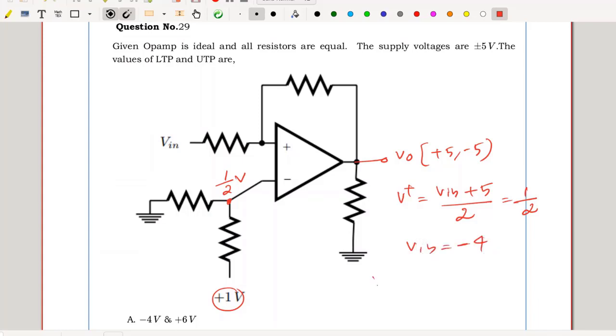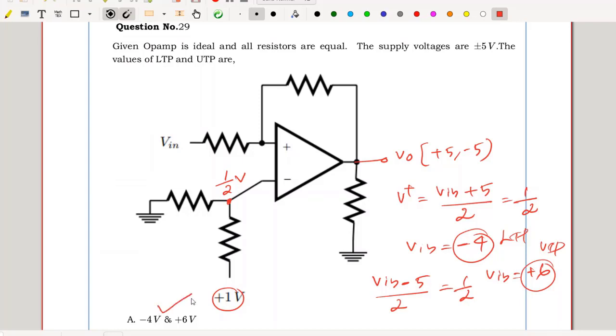If you are equating V in minus 5 by 2 equal to 1 by 2, you will have V in equal to 6. V in equal to positive 6. Hence the lowest one is LTP and highest one is your UTP. Hence LTP is minus 4, UTP is plus 6. Option A is the right choice.